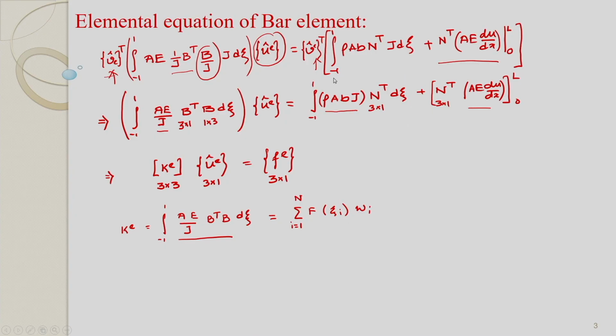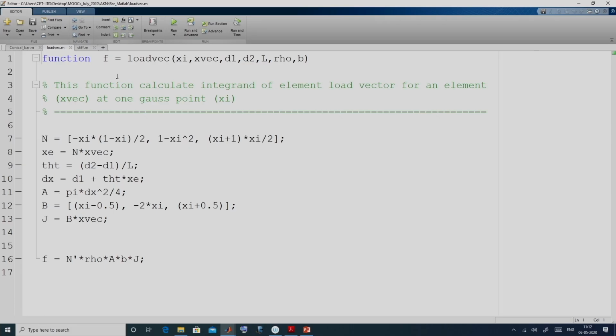Now we will see how the load vector is formed using MATLAB. So, this part consists of the integrand which is a function of xi. So, we use our usual Gaussian quadrature. So, this is the function for the Gauss point xi.